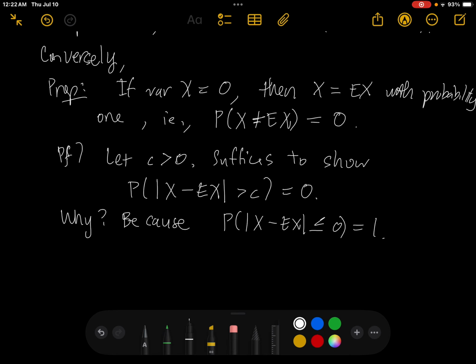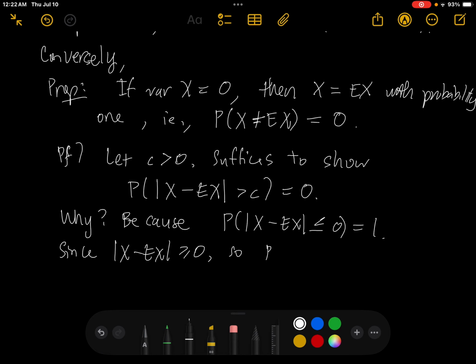Then with probability 1, this random variable, the absolute value of X minus the expectation of X, must be less than or equal to 0. But we know this random variable, the absolute value, has to be greater than or equal to 0.